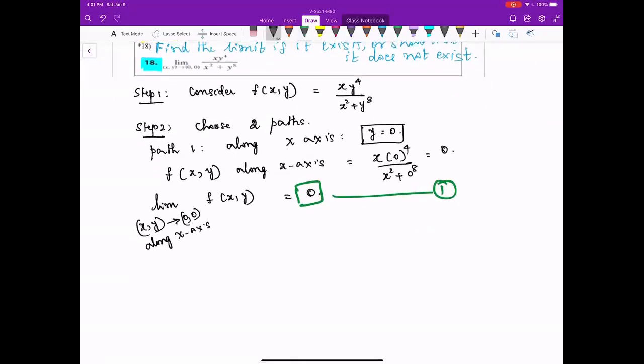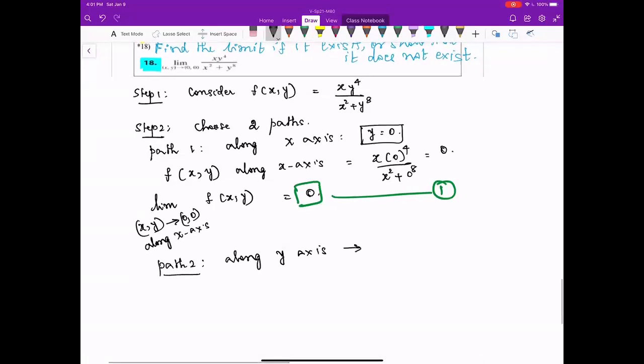Now let's try path 2. If you choose the y-axis, then also you see, let's try that along the y-axis. Along the y-axis, what is something that you know? X must be 0.